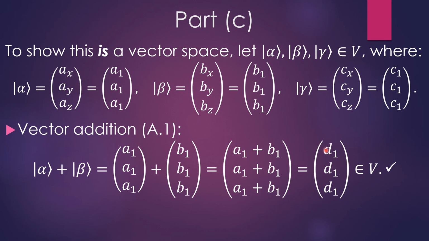So if we relabel them to D1, D1, D1, then we see that since they're all equal, we live in the vector space and we're good. Okay, this is what we mean by we have to look at the form specifically. We don't really care what you call it, but sometimes relabeling it helps make it clear. But we need to look at the form, and if every single component stays equal regardless of what I add, multiply, etc., to it, then I'm good to go.